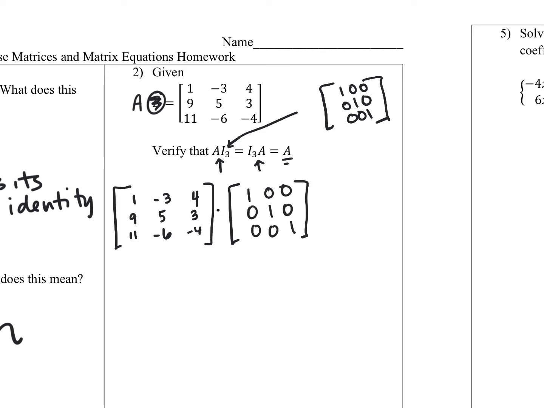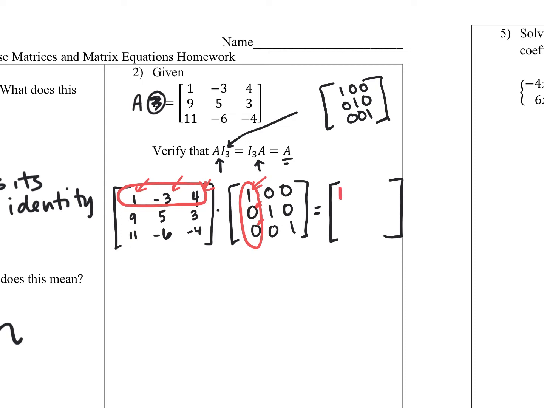And this is always a good check to make sure that we are doing our multiplication correctly. And so what I mean by that is we take our first row times our first column, which is kind of cool because it's all those zeros. But we're going to take 1 times 1, that's 1. Then negative 3 times 0, that's just 0. And then 4 times 0, that's also just 0. So all we're going to be left with is 1.